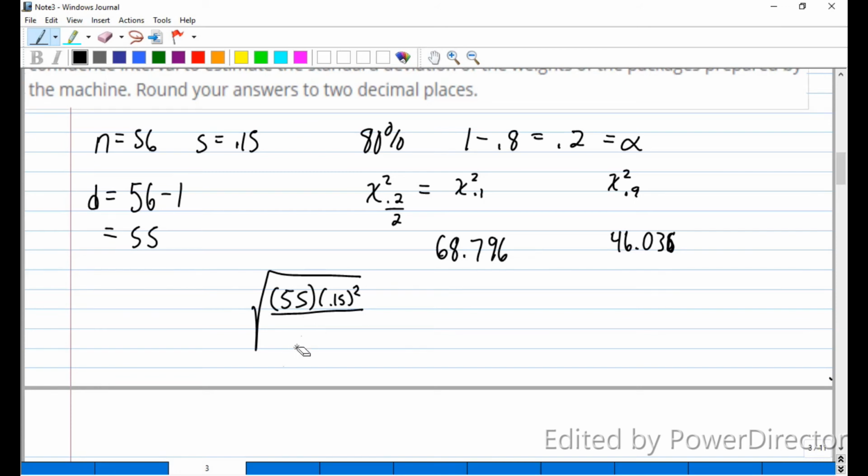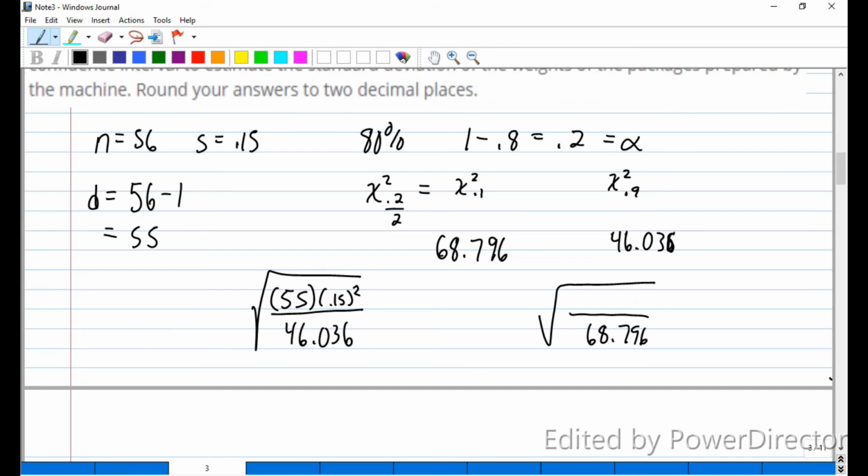Is it 46? Yeah. Again, if you get confused on whether you're putting it in the right place, when we get the two answers, the bigger answer goes on the right and the smaller answer goes on the left. So it's not really going to matter unless you put it in wrong.